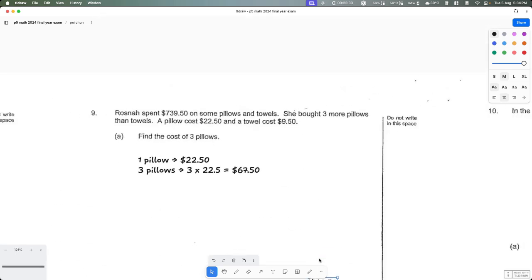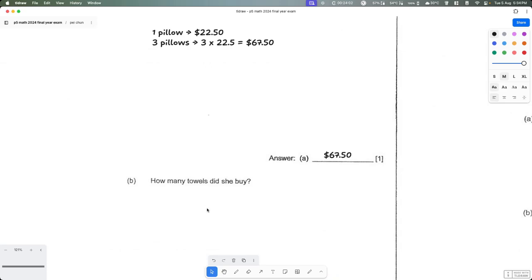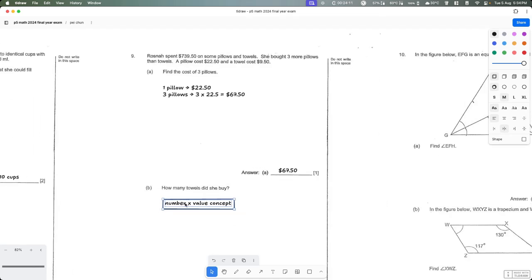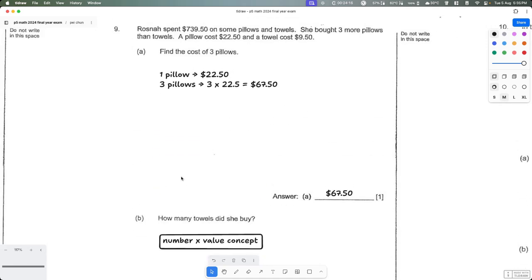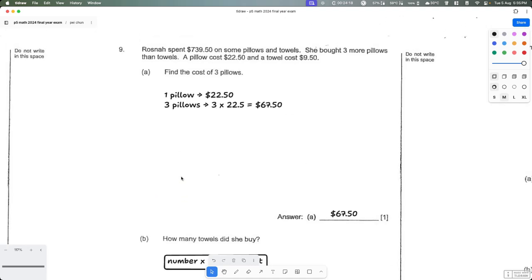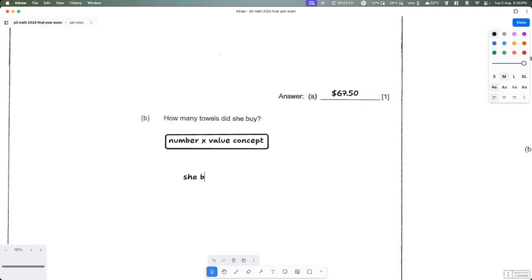How many towels did she buy? Okay. So this is what I call the number times value concept. Because we know from the question, it says she bought 3 more pillows than towels.